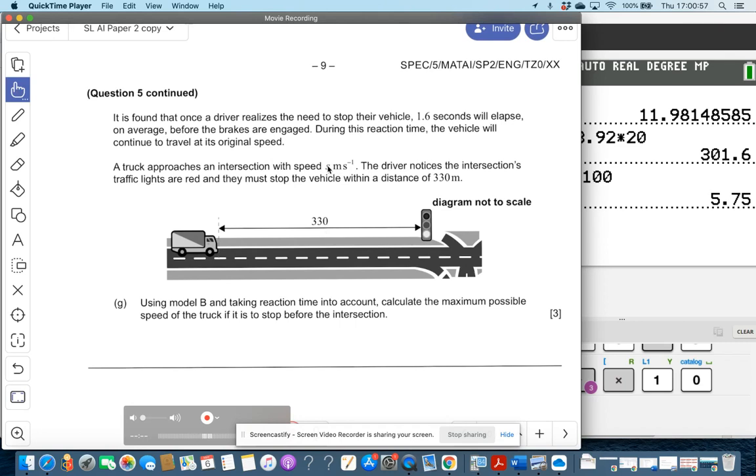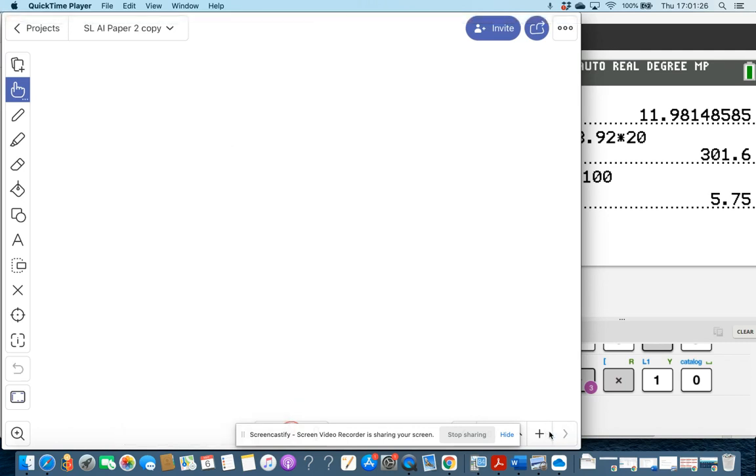Okay, so again, we're going to take speed times time is distance. So we're going to take that speed, S, times the 1.6 seconds, so that you can see the seconds cancel out, we get meters. And then we're going to use our model B that we just used to solve an equation. So this is 4G.